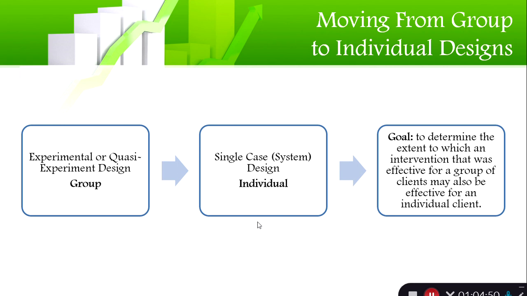These designs can be used interchangeably, because what may work for the group may or may not necessarily work for the individual client. So there are times in practice in which we may need to move from a group design to more of an individual design.